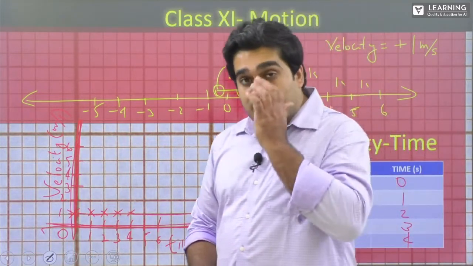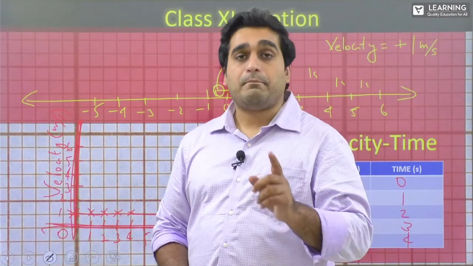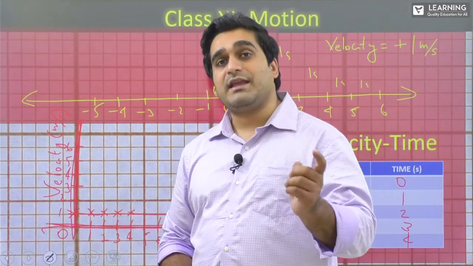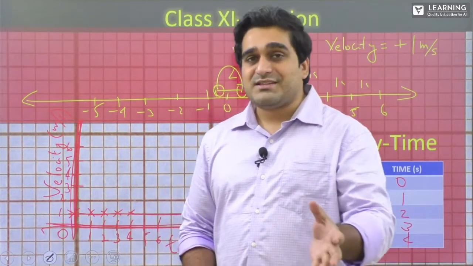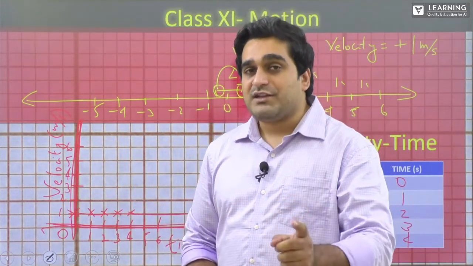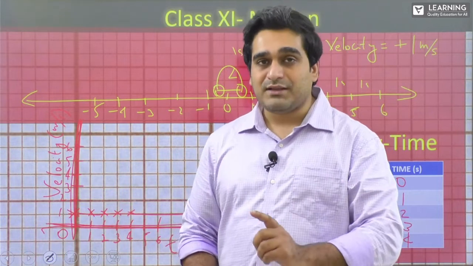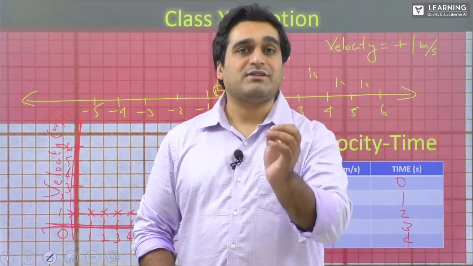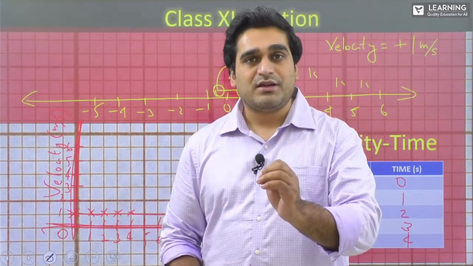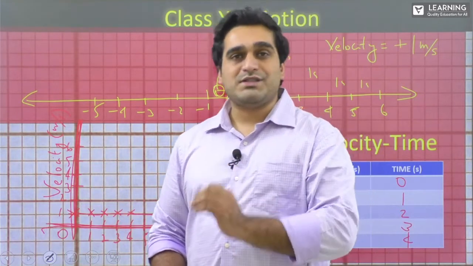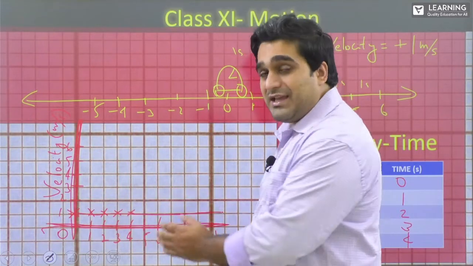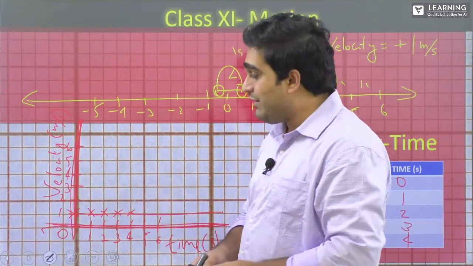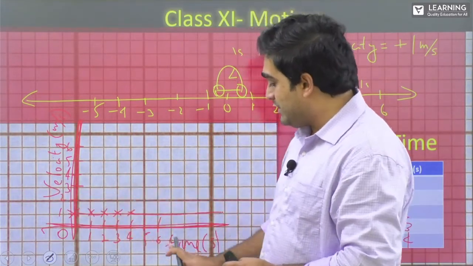We also observed a horizontal line parallel to the time axis in the case of a distance time graph. So in a distance time graph, if it is parallel to the time axis, what does it tell about the state of an object? It means that the object is at rest. But in this case, it is not a distance time graph, rather it is a velocity time graph.